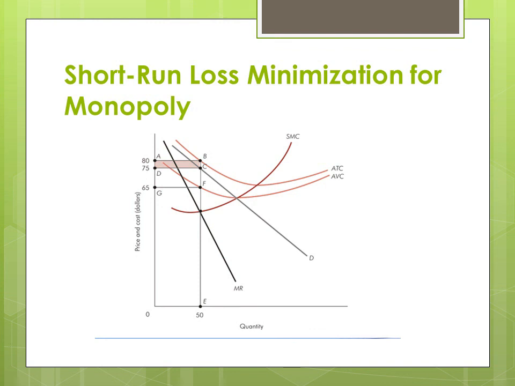So the firm bears average total cost as a loss, but it is covering average variable cost. That's why the firm's losses are minimum, and the firm will shut down at the point when price is less than average variable cost. So when average variable cost is greater than price, at that point the firm will shut down.